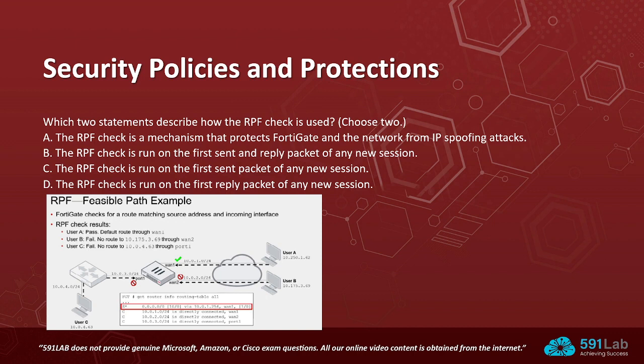There, if user A is going to communicate through this FortiGate, this FortiGate checks if it knows how to give an answer through this interface. If it has a route on its routing table for this interface.